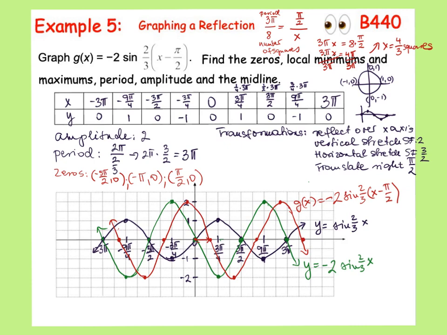So that's 2 pi, actually. So that's going to give me 2 pi and 0. And then the last zero is going to be 3 pi plus pi over 2. So that's going to be 3.5 pi or 7 pi over 2, 0.